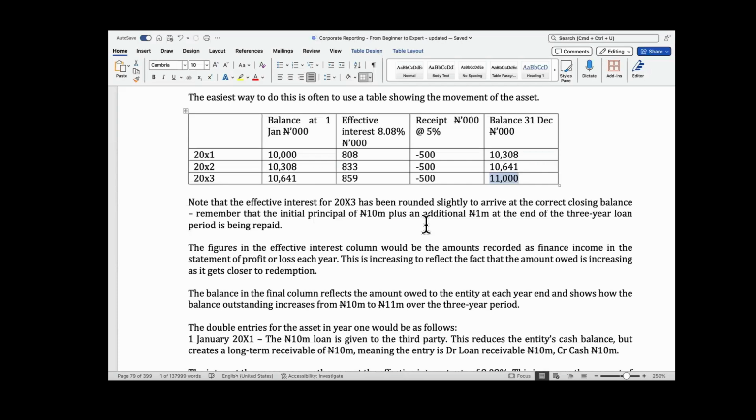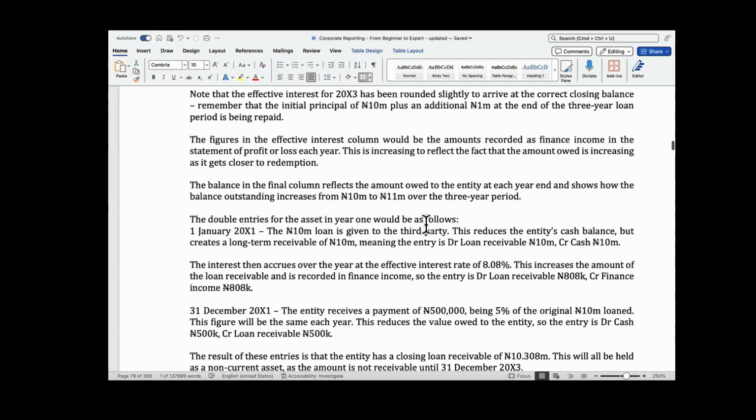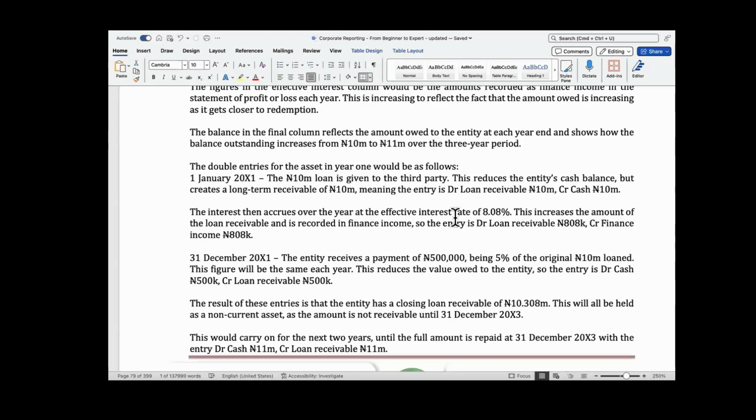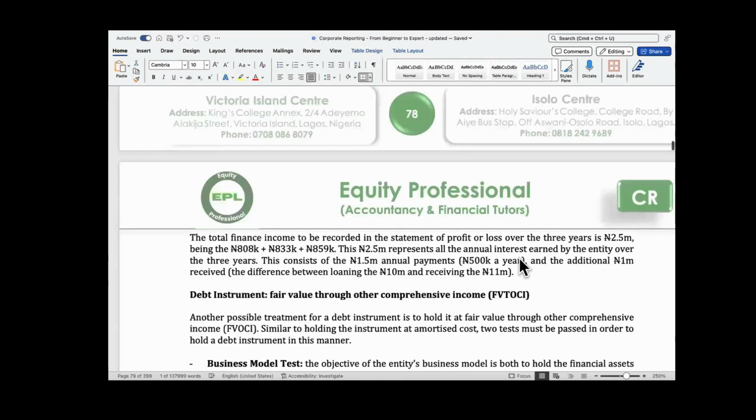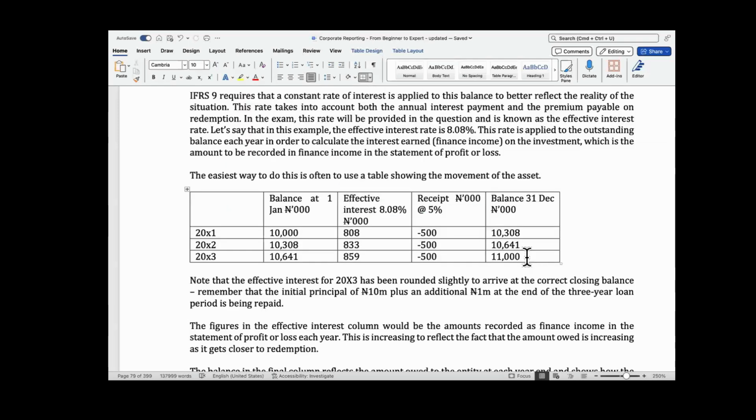Sorry, I have a question. How about the other one? The money is 10 million, but at maturity is 11 million. When you're canceling it out, the 1 million does not go anywhere. We have already taken care of that 1 million with this table. This has already helped us to do that. You can see in our accounts now, we are already having 11 million. So the financial asset has built up gradually to 11 million.